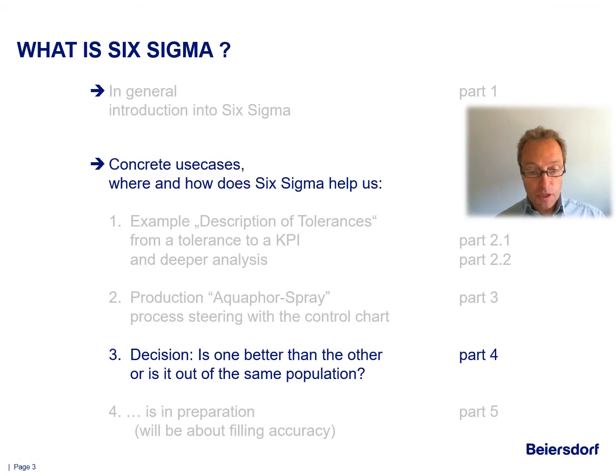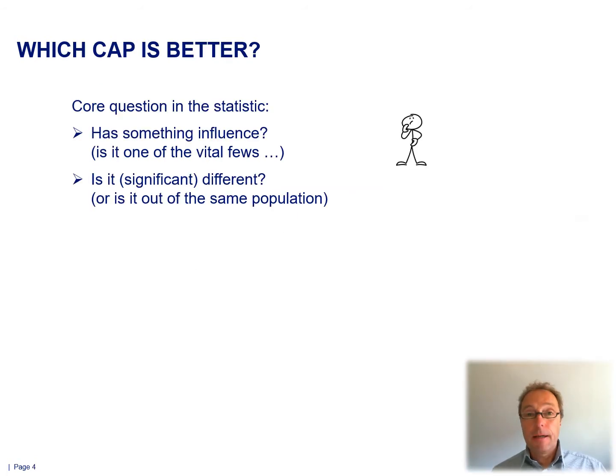Today we want to deepen the topic: is one thing better than the other? This is a question which we have quite often. Back to the core question in statistics, which we had already in tutorial number 2.